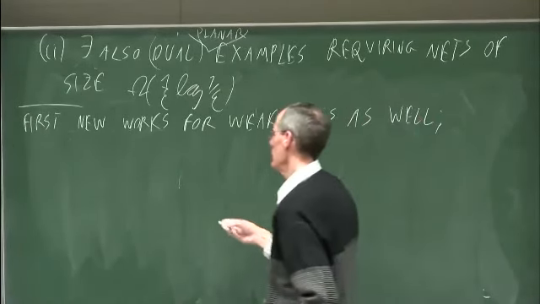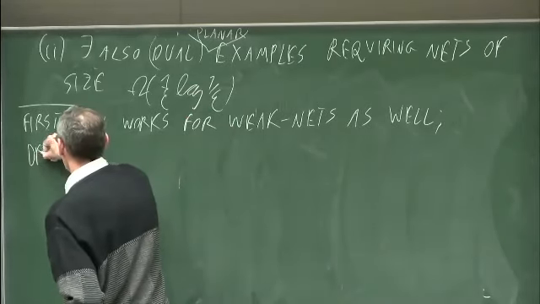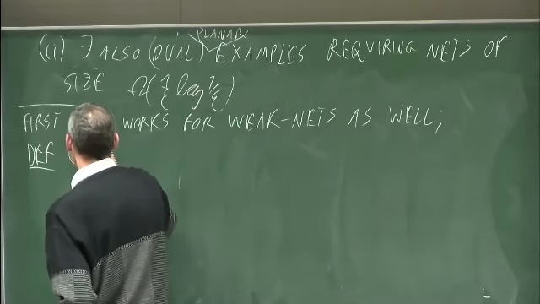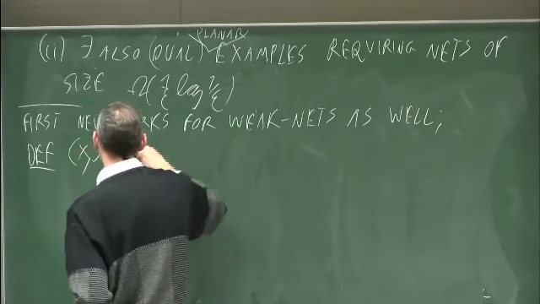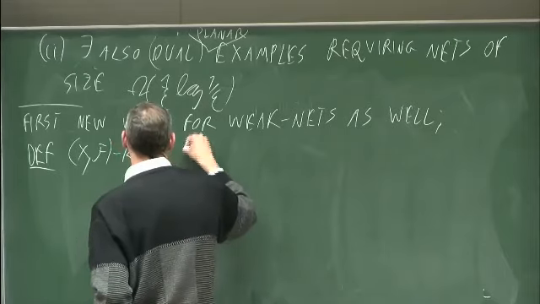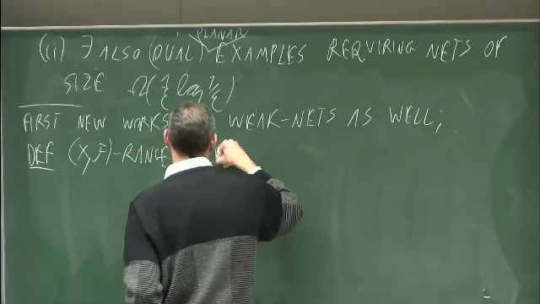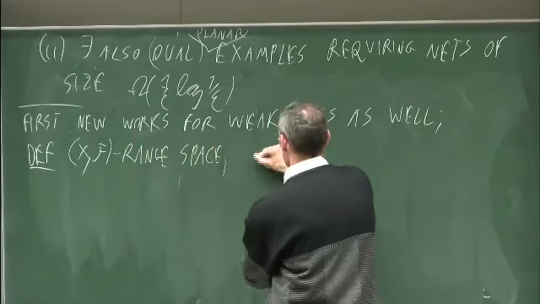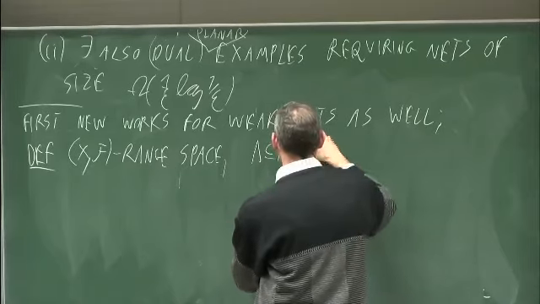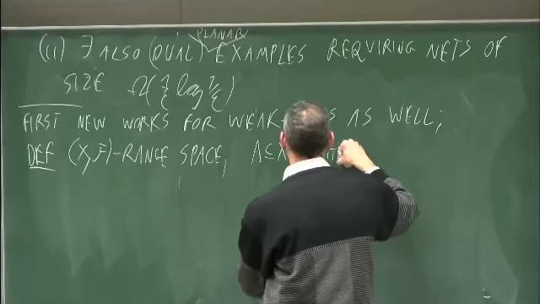Okay, so this is again a definition. We have (X, F), a range space. A is a subset of X as before, finite.